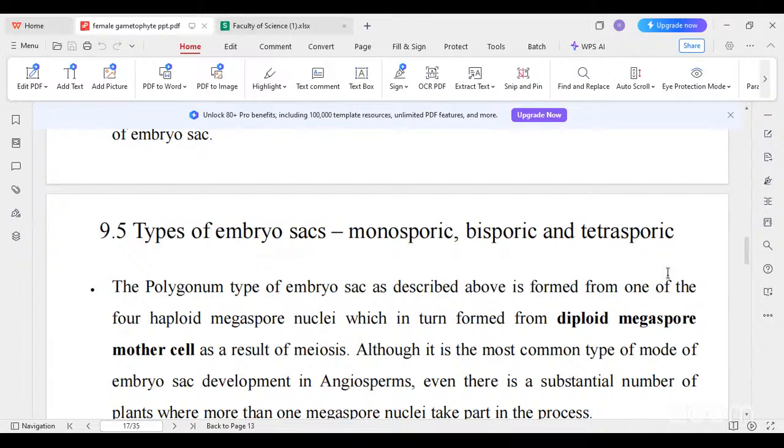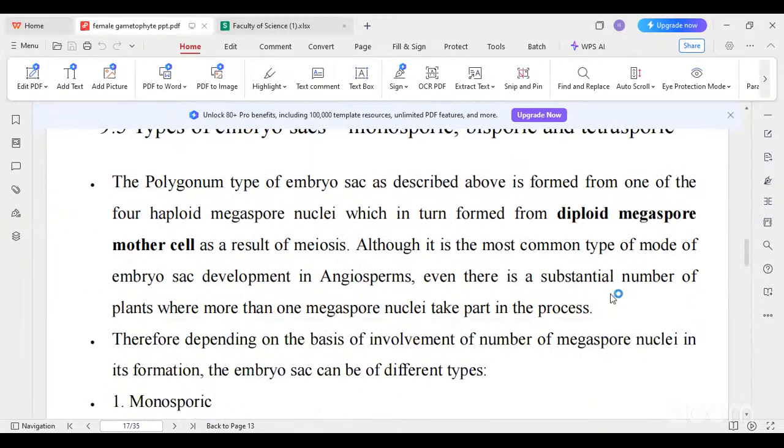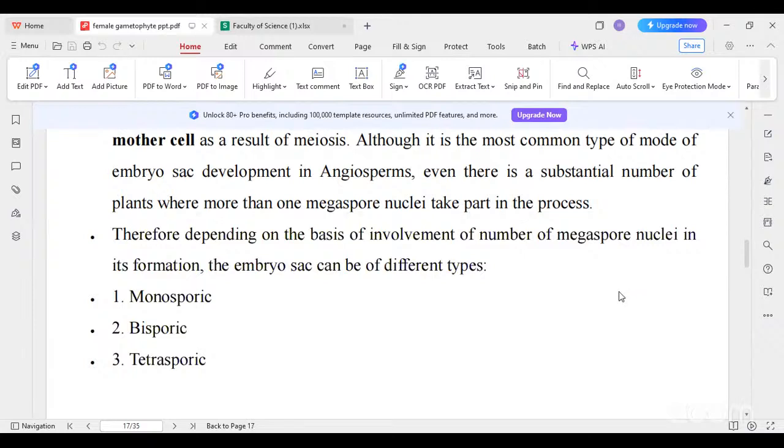It is the most common mode of embryo sac development in angiospermic plants. Even so, there is a substantial number of plants where more than one megaspore nucleus takes part in the process. Therefore, on the basis of the number of megaspore nuclei involved in its formation, there are different types: monosporic, bisporic and tetrasporic.